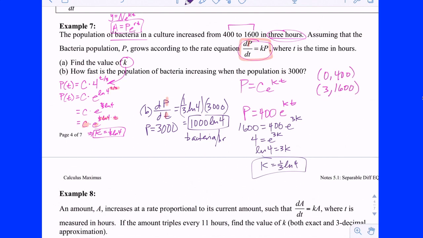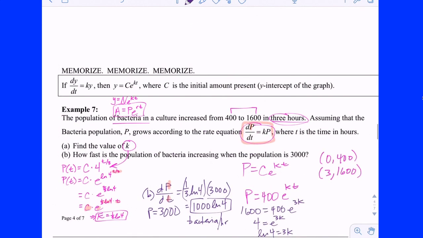Yes, it would work, because over here I just left it as a generic C. Okay, good stuff right there.